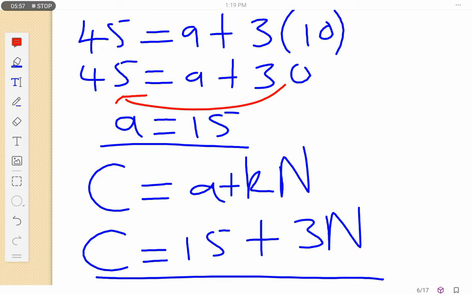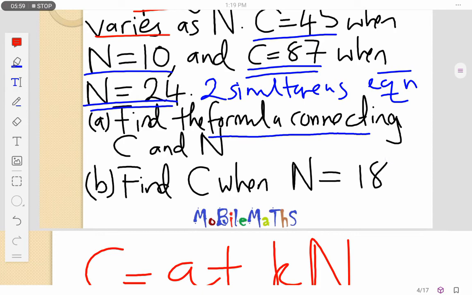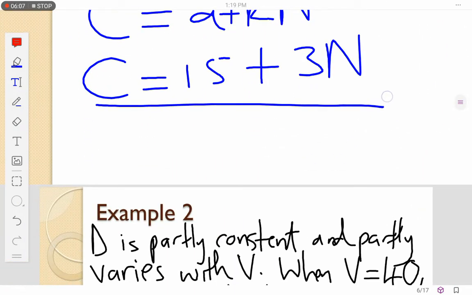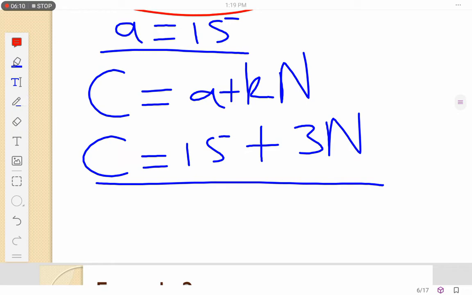So the second part of the question was asking us to find c when n is 18. Let's find c when n is 18. So we simply substitute our n with 18. So it becomes c is equal to 15 plus 3 by 18.